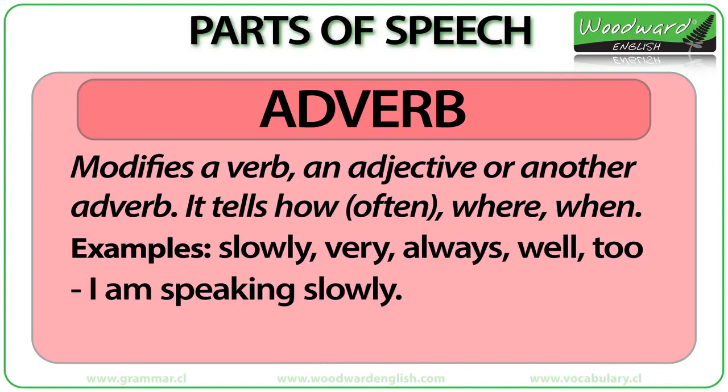For example, I am speaking slowly. Can you see the adverb here? First, what is the verb? Speaking. How are we describing the way I speak? Slowly. Slowly is an adverb of manner, as it gives us more information about the way I speak.